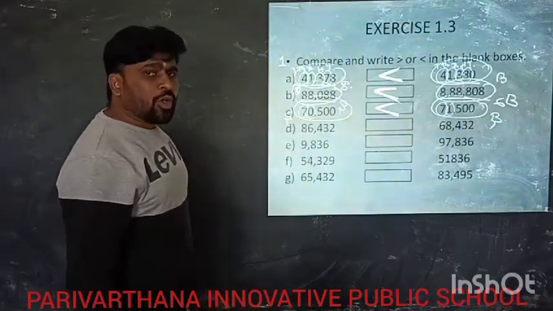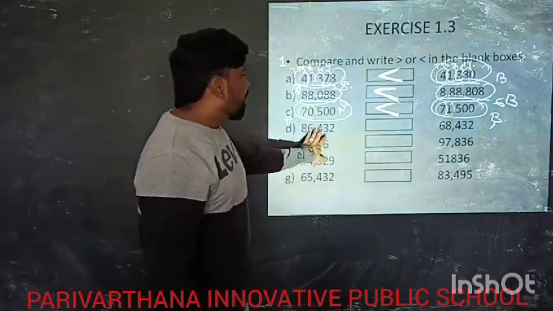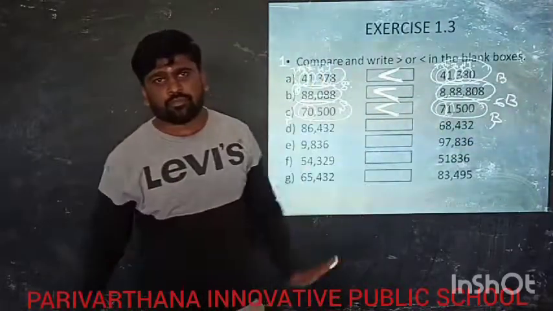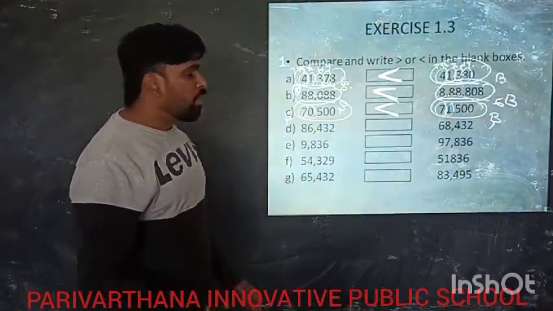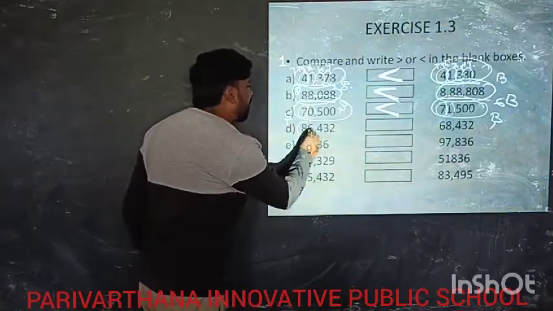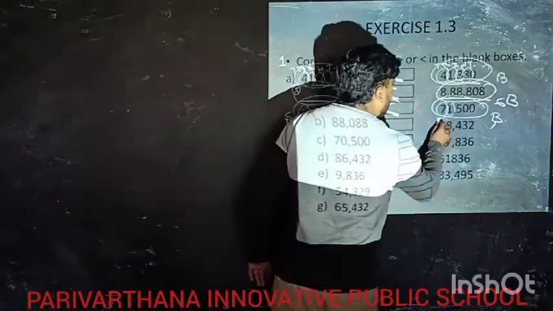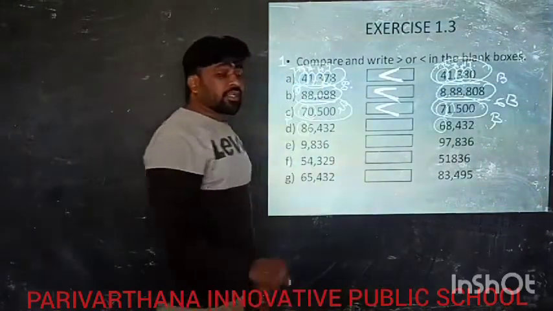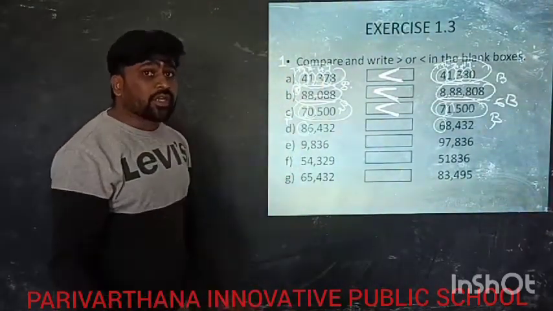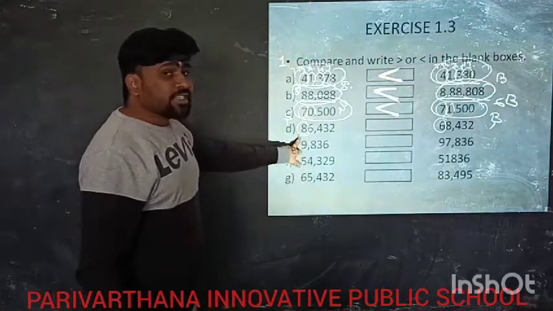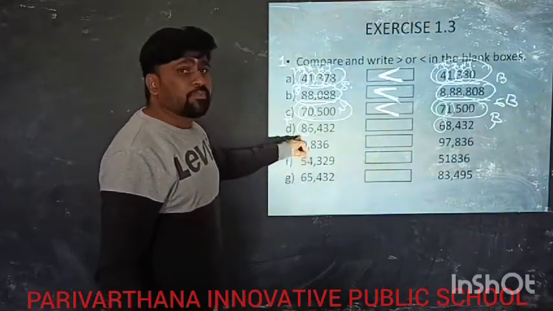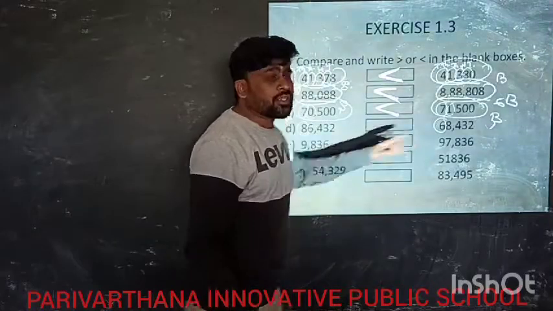Now come to the fourth one. Again first step, count the number of digits. Here also 5 digits, here also 5 digits, same. We cannot find out which is the big number and which is the small number. Now come to the 10,000 place, it is 8, and here the 10,000 place is 6. That means by observing the 10,000 place, we conclude that this 8 is a bigger digit compared to 6.